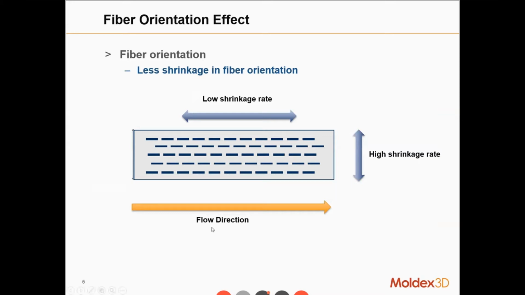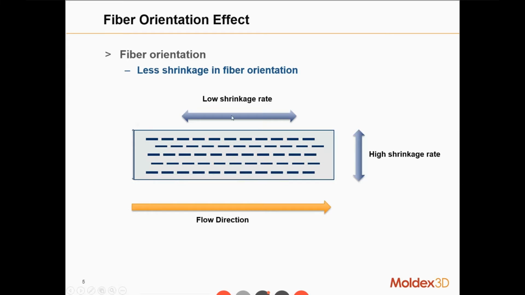The next one is the fiber orientation effect. When it comes to fiber orientation, we have to consider the flow direction, because when the melt is injected into the cavity, the fiber will keep its direction along the flow direction.